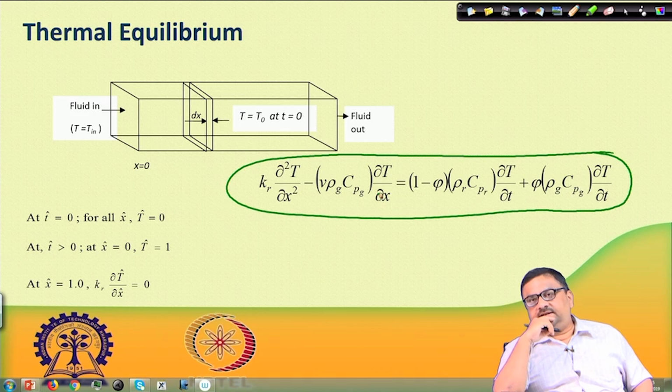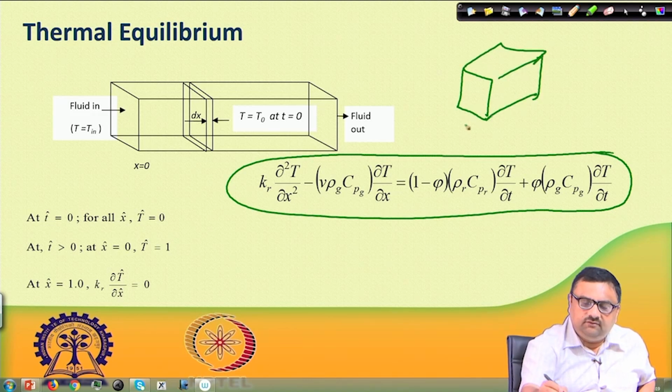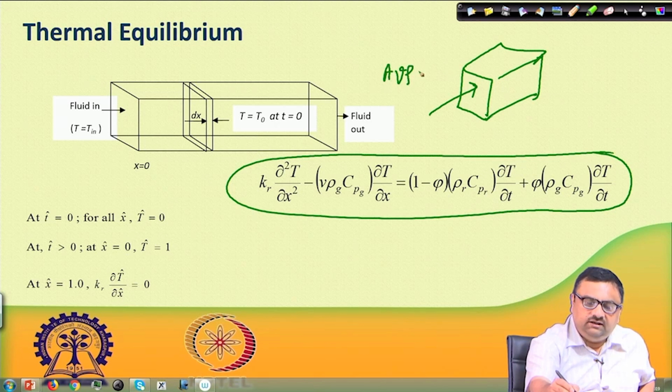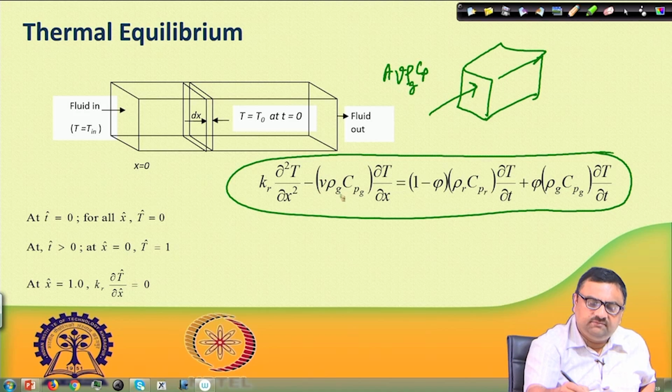This term is arising because of convection. Convection means we had a differential element and we had a flow taking place. So, it is carrying V rho Cp, where G here is meant for the fluid; we talked about gas, it is the same as the fluid.